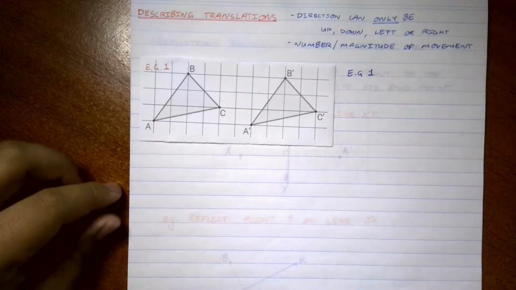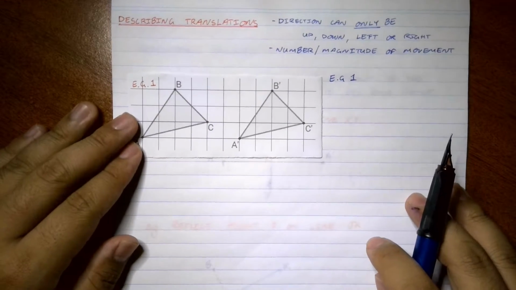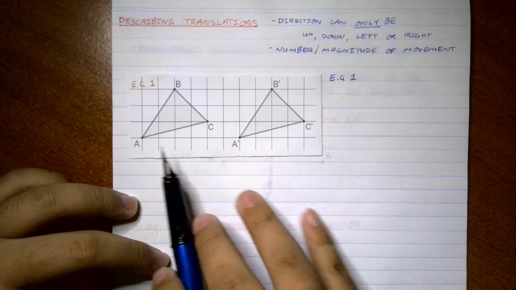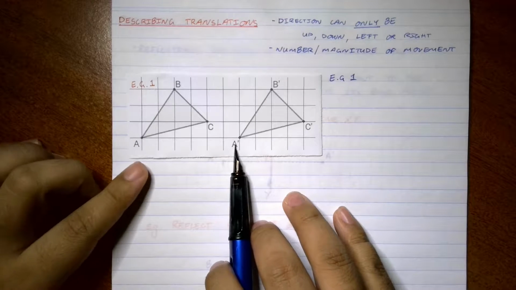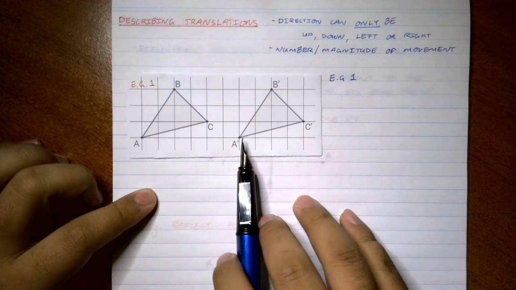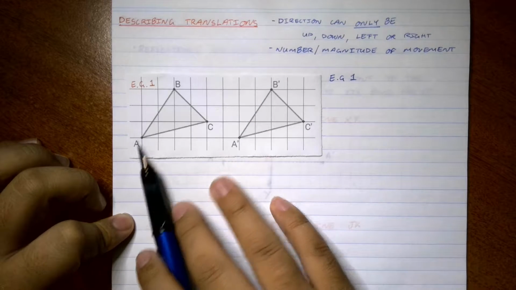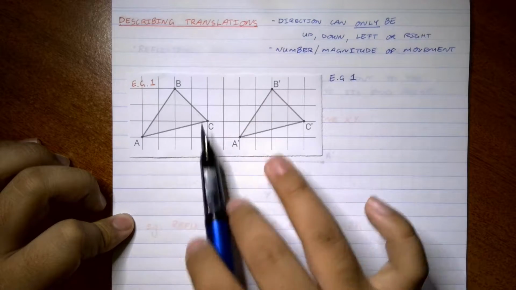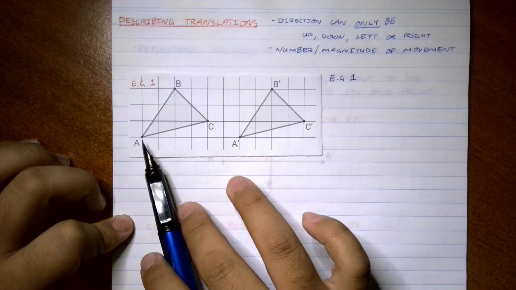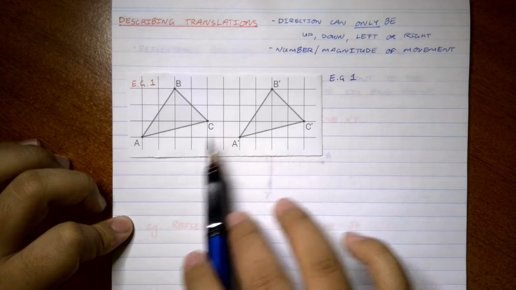To know where a translation was at first, remember that a dash means a translation has been applied to it, which means this shape here is the initial shape, and this is where it would have ended.